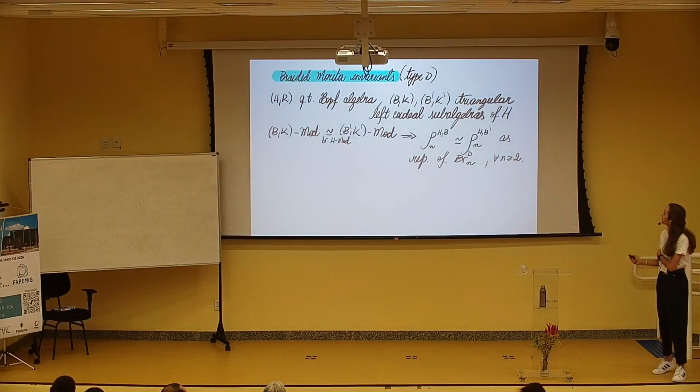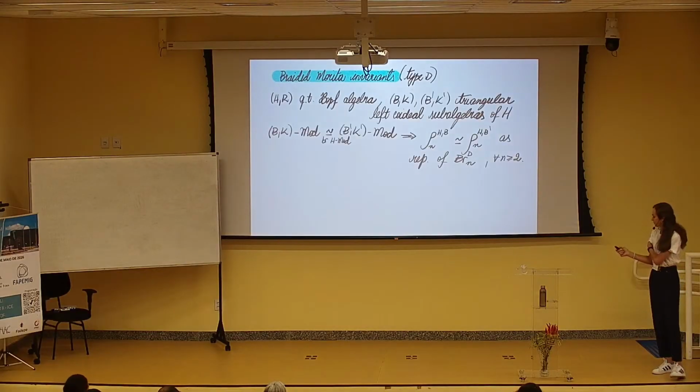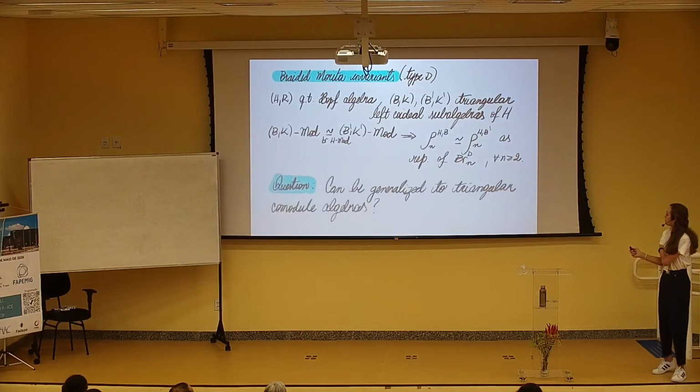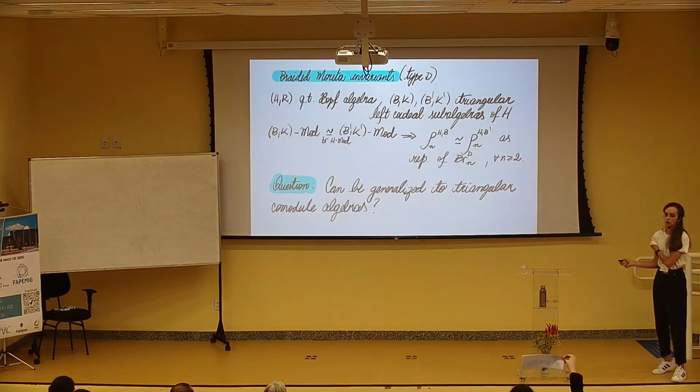But now, since I want a symmetric, I should put that K inverse is itself and K prime inverse is itself. This is for triangular, right? Because my module categories are symmetric. So again, this can be generalized for triangular comodule algebras.